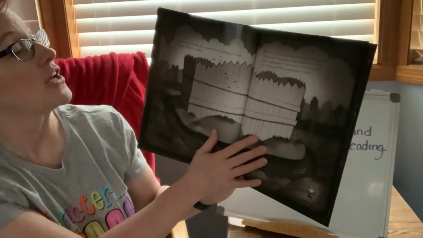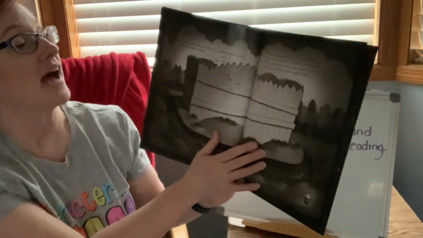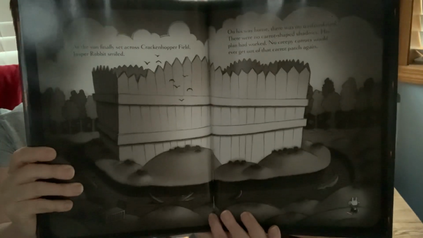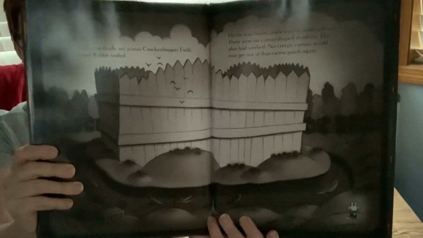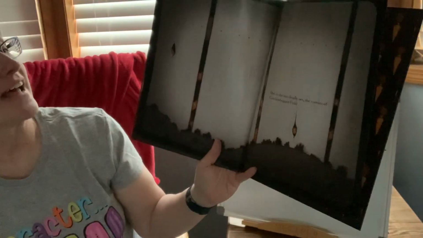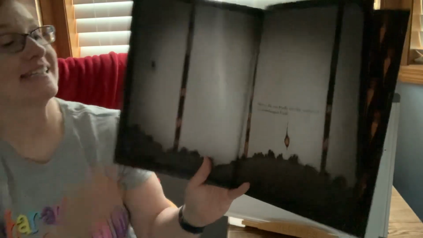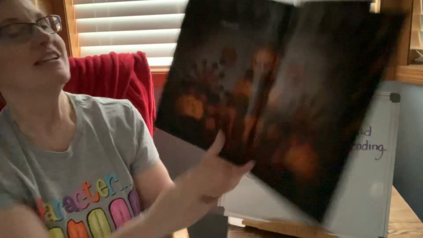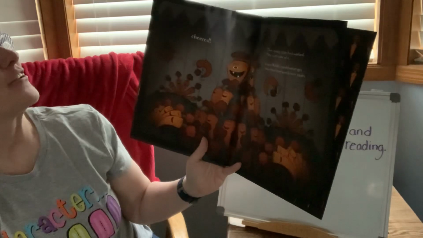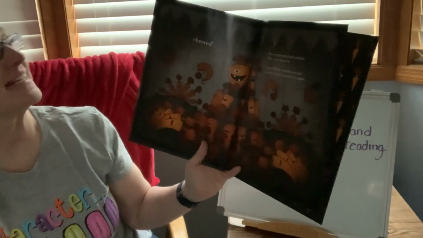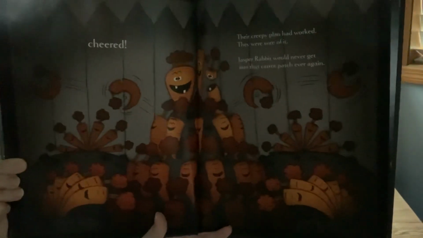His plan had worked. No creepy carrots would ever get out of that carrot patch again. And as the sun finally set, the carrots of Krakenhopper Field cheered. Their creepy plan had worked. They were sure of it. Jasper Rabbit would never get into that carrot patch ever again.